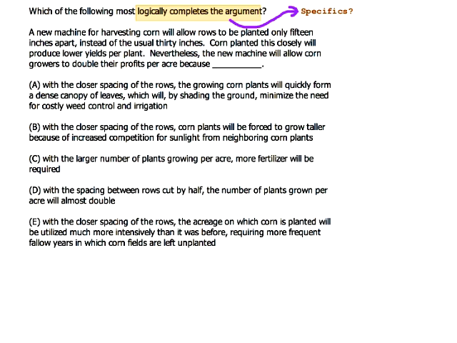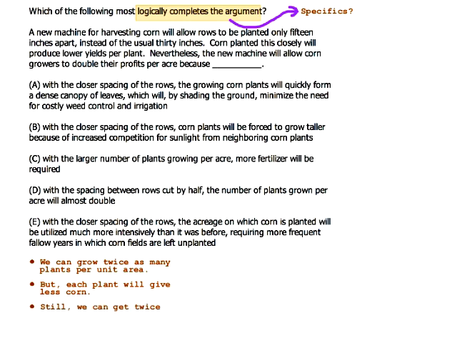So we can grow twice as many plants per unit area, because we can grow them half as far apart. But each plant will give less corn. So we can get twice the profit per unit area.